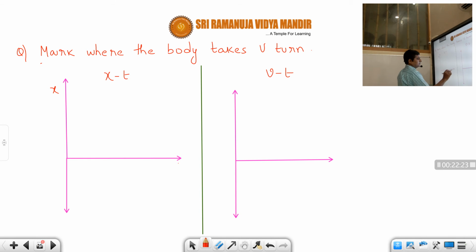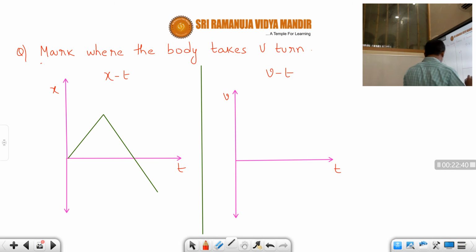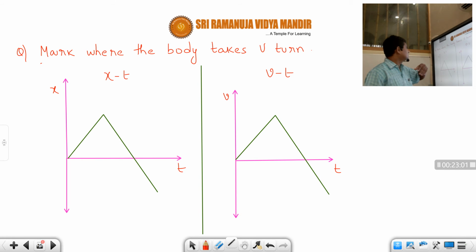This is X, this is T, this is V, this is T. Okay, students, so now I am going to give graphs. This is XT graph. Same way, VT graph also I am giving. Same thing. So now the two graphs look same, but there is a difference. Of course, the basic difference is this is XT, that is VT graph.